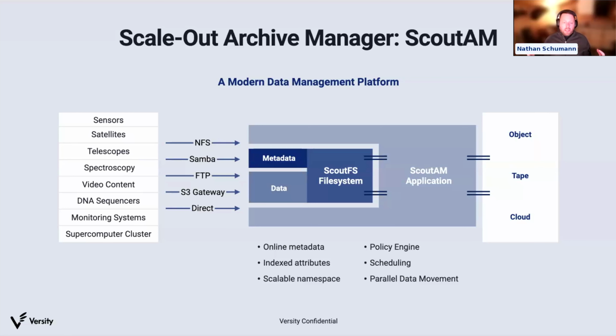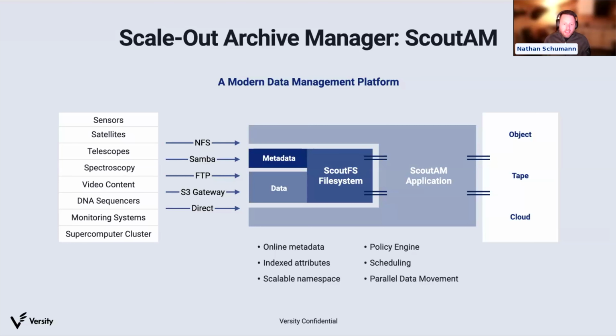All of these interfaces can be used individually or all at the same time with ScoutAM. That's really important because I think that gives our customers a lot of flexibility to be able to provide an archiving data management platform for a variety of their users.